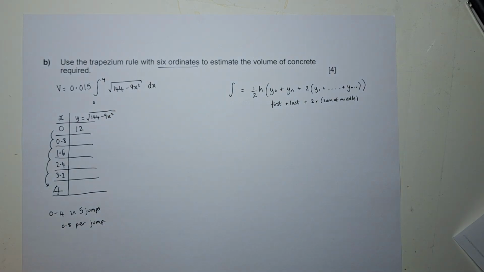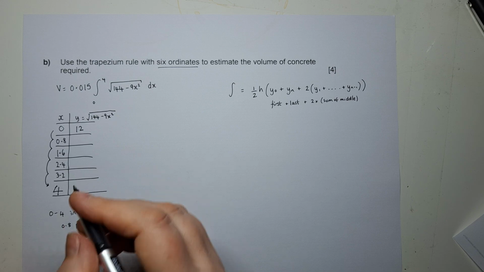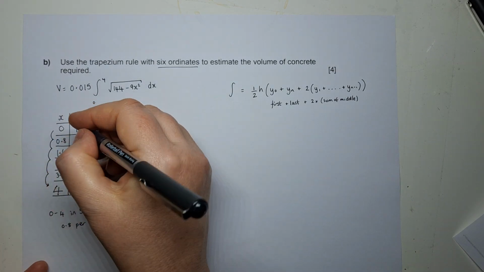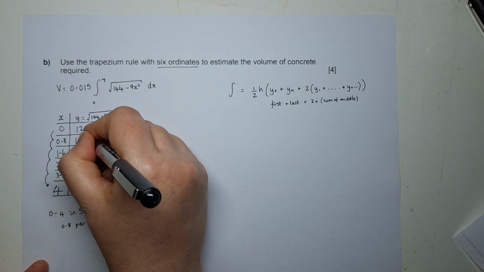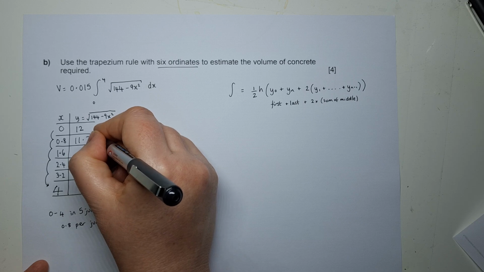All the others are probably going to be awkward decimals. So 144 minus 9 times 0.8 squared, square root that. That's 24 root 6 over 5. I mean, you can say it as a surd, or you can just put it as a decimal if you've got enough decimal places.